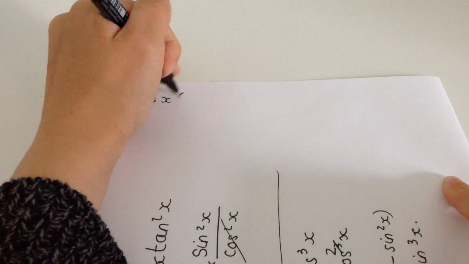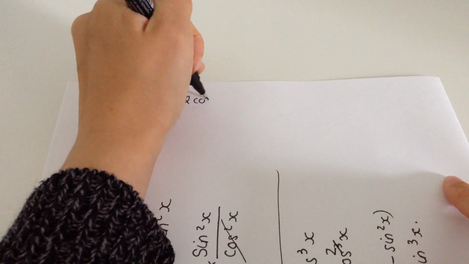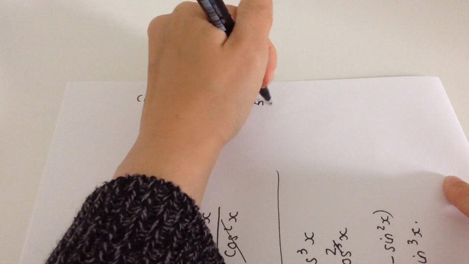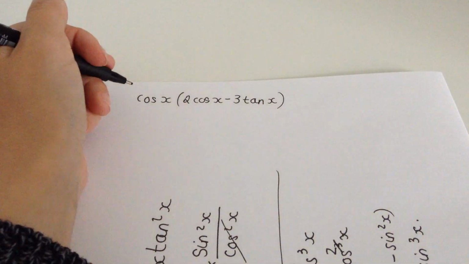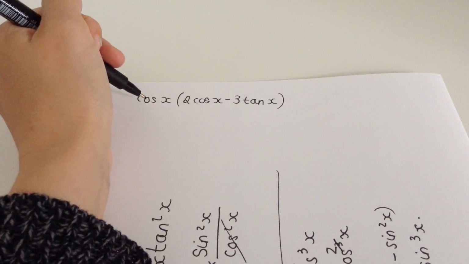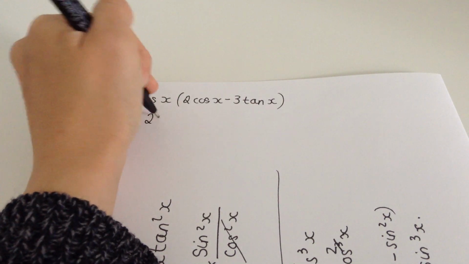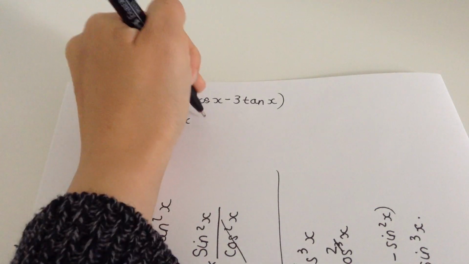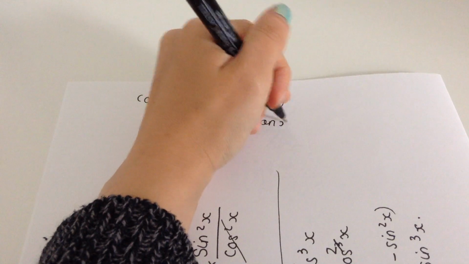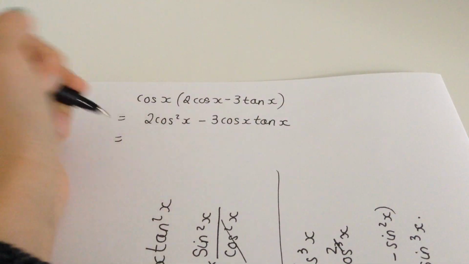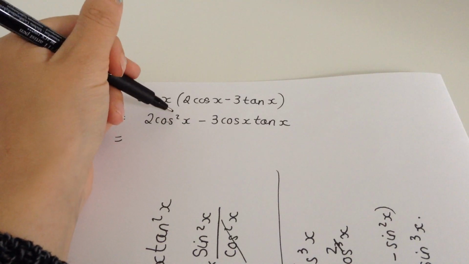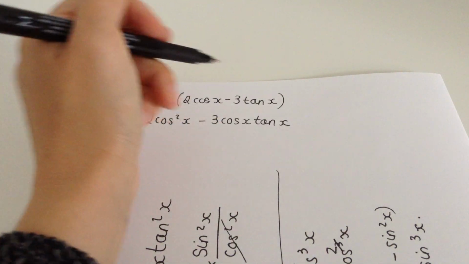Okay. Last example of this type. Cos x, 2 cos x minus 3 tan x. Okay, should I times this out? What do you think? I feel like timesing it out. Okay, I could change that into sine squared, but let me not do that yet, in case I prefer to keep them as coses.